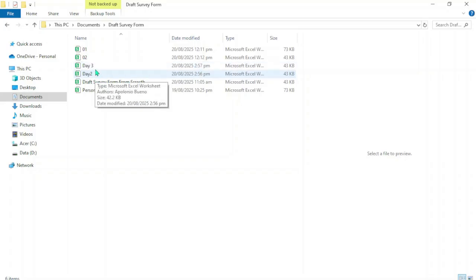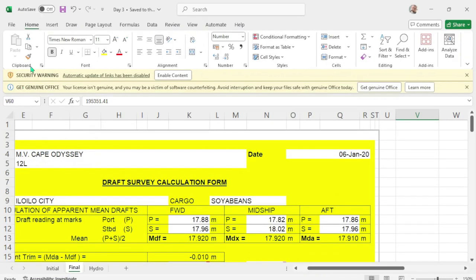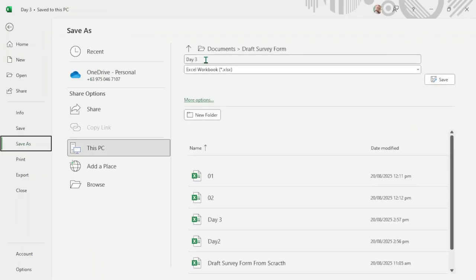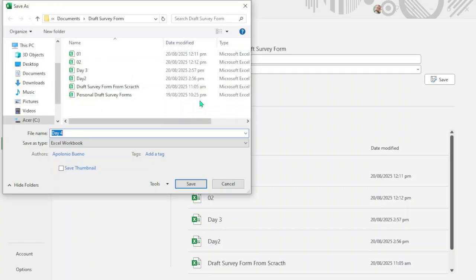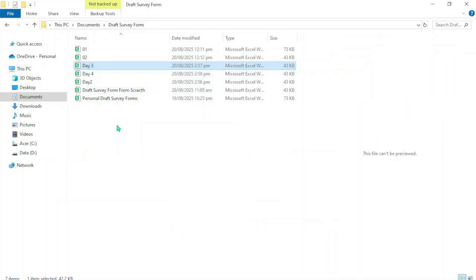So you go here, they open the day 3, for example. Then you want to save day 4, save as, and day 4. Okay, you want to make sure where it's going, options, I think here, then you save, then you have day 4. Okay, that's how you copy paste with this system.